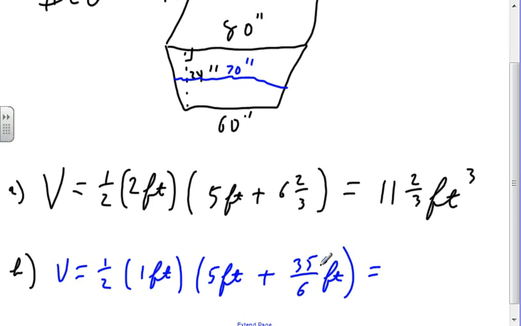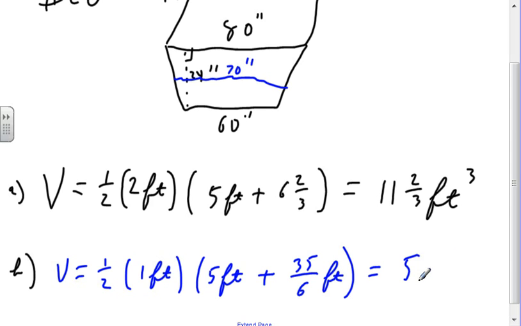So 6 goes into 5 is 5 point something. All right. Now, so that's going to be 1/2 times these guys added together. All right, so plus 5 equals times 0.5 equals, and I'm going to get 5.